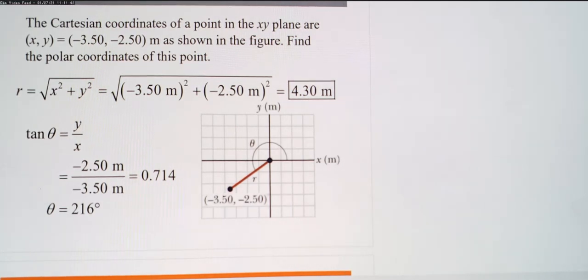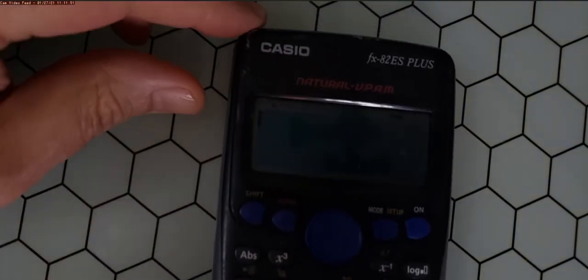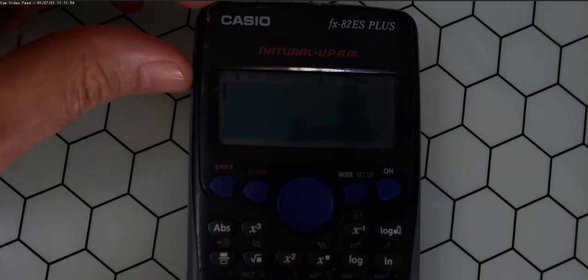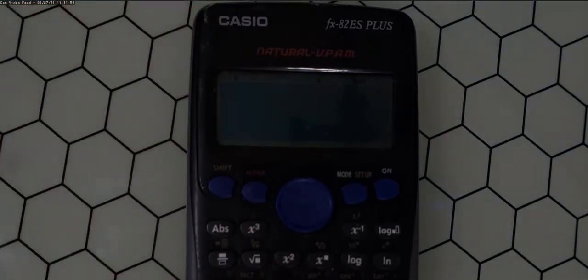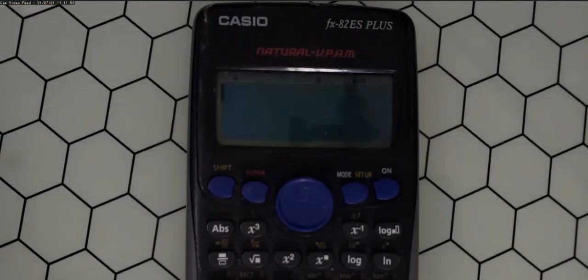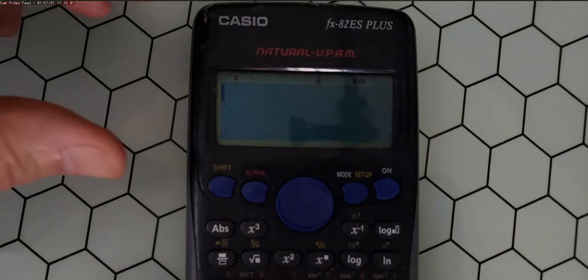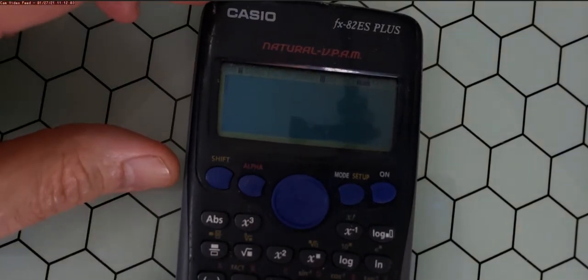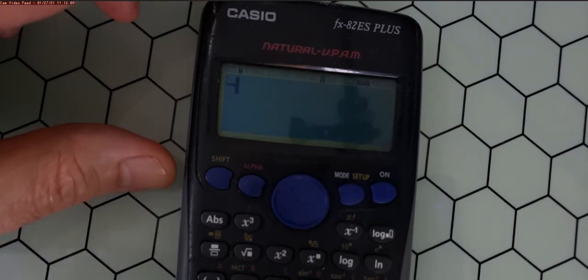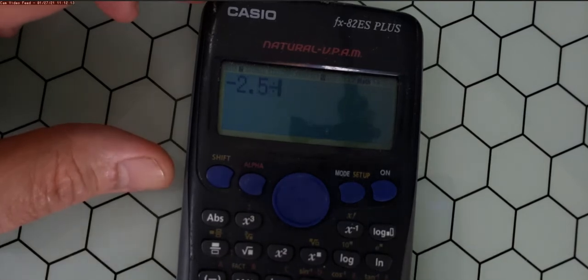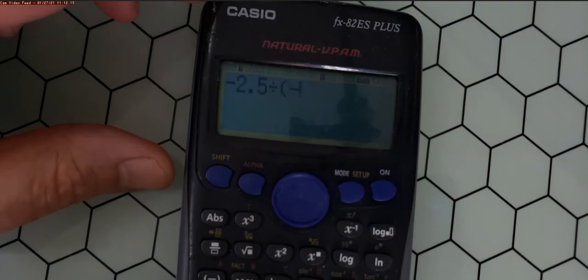So if I just use my calculator, just to show you, it's minus 2.5 divided by minus 3.5.